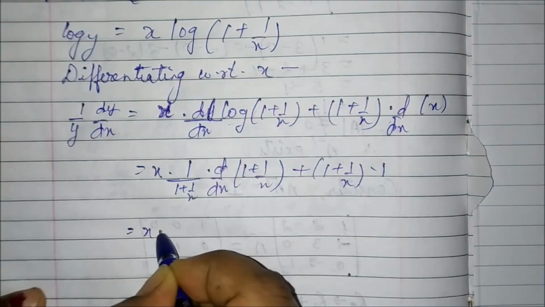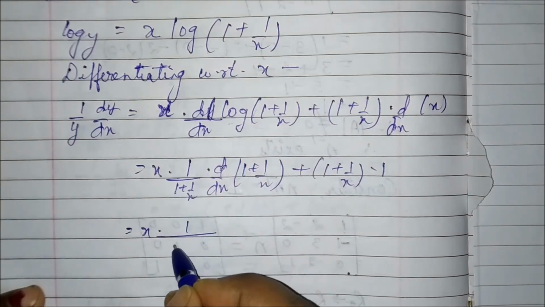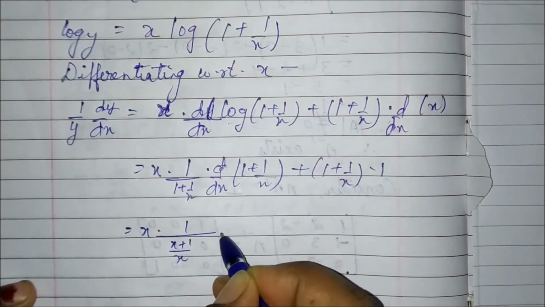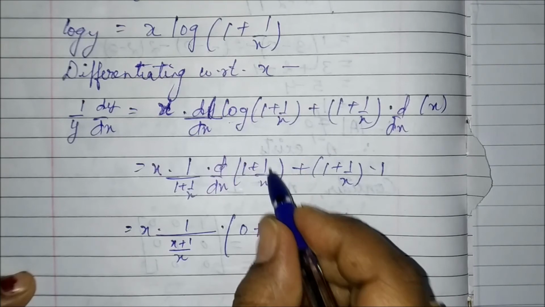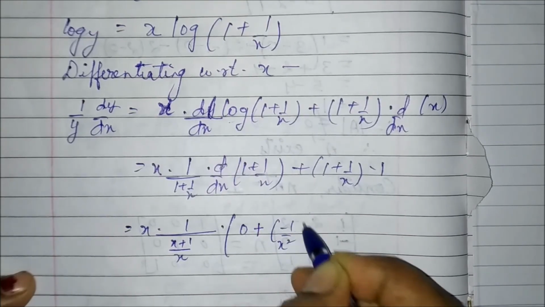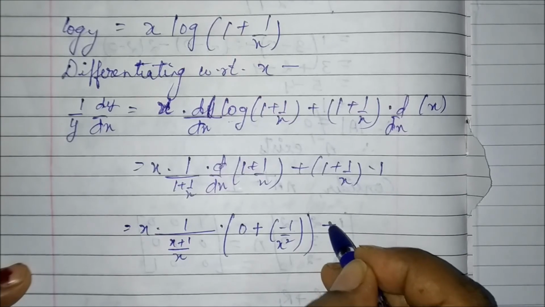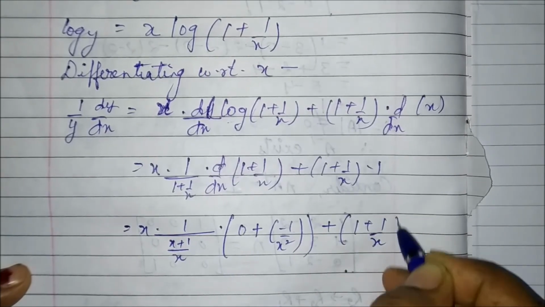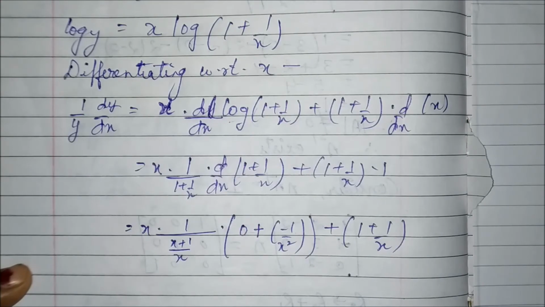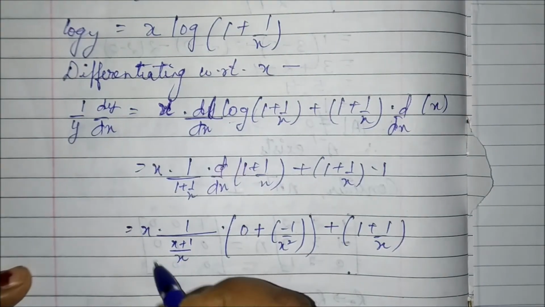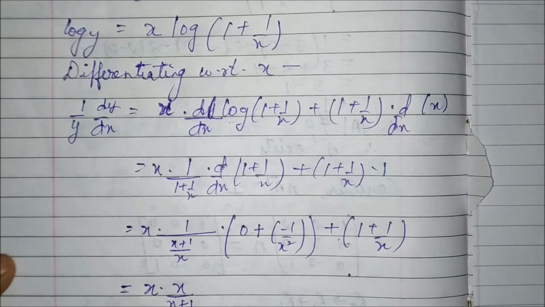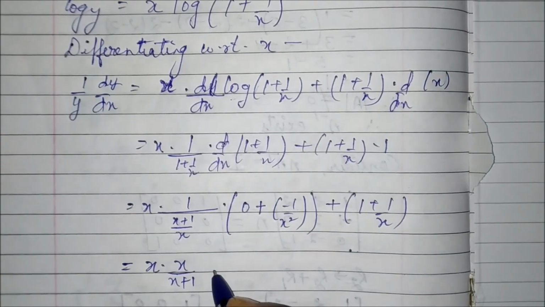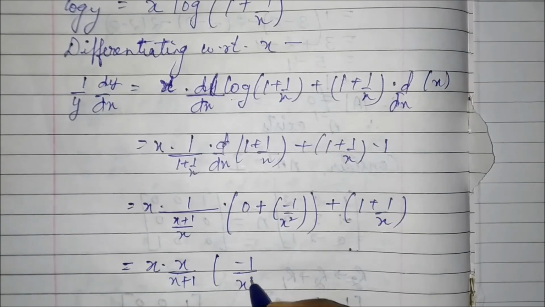Now x into 1 upon, here cross multiply, (x plus 1) by x, into the derivative of 1 which is 0, plus the derivative of 1 by x which is minus 1 upon x square, plus log (1 plus 1 by x). Okay, this x will go upside in the numerator. It will become x into x upon x plus 1, and here in the bracket we get minus 1 upon x square.